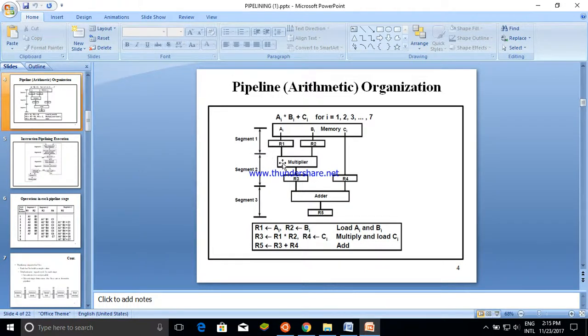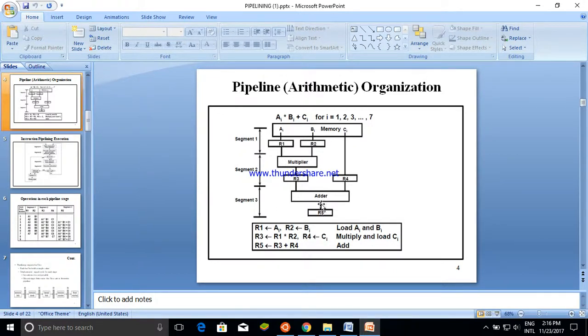After that the multiplier unit will multiply the values stored in r1 and r2, that is a into b, and that value will be stored in register 3, which is also known as segment 2. In segment 3, the value from r3 and directly the value of c will get stored in r4, and concurrently the adder unit will add these two values and store the value in r5.